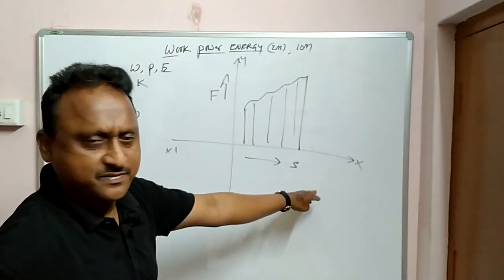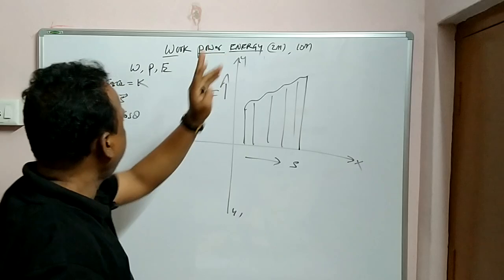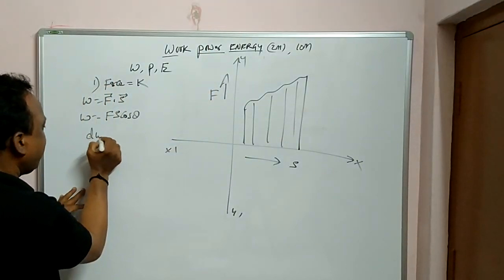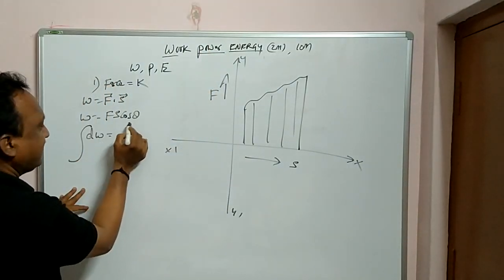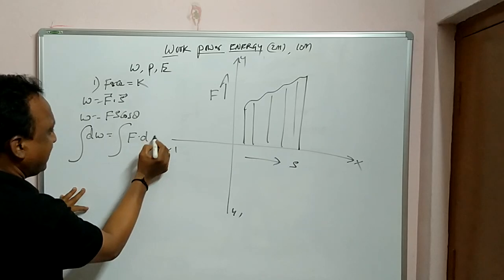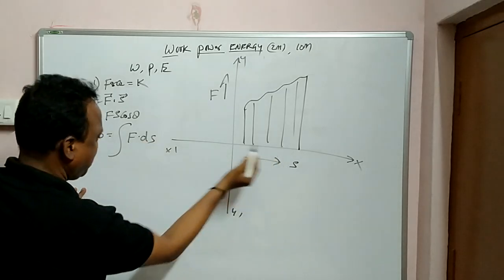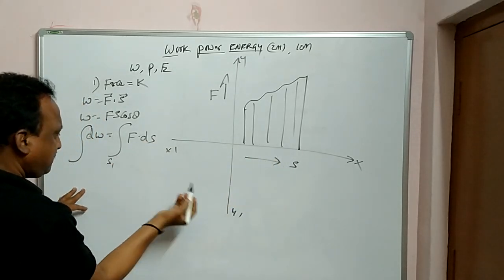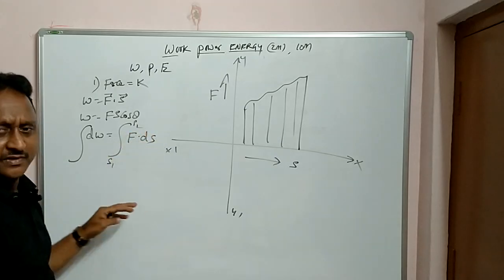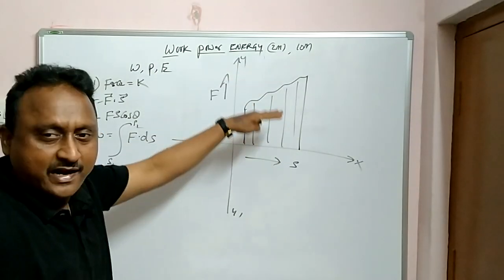On the x-axis is displacement, and the force is varying, you can see. Then how you will get work done is by integrating F ds from S1 to S2 or x1 to x2. Or in other way, you can get the area under the curve.